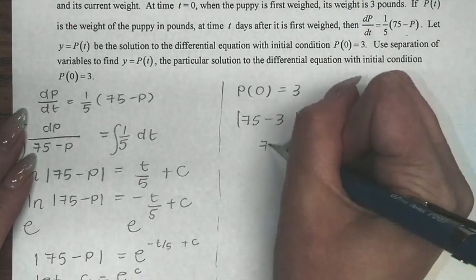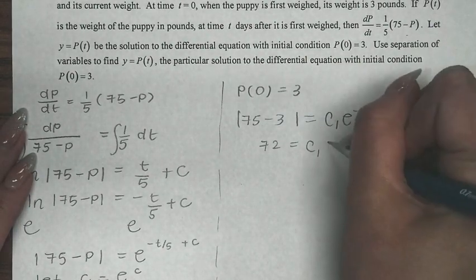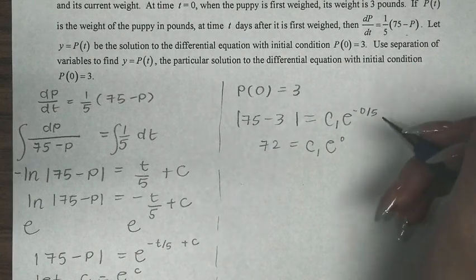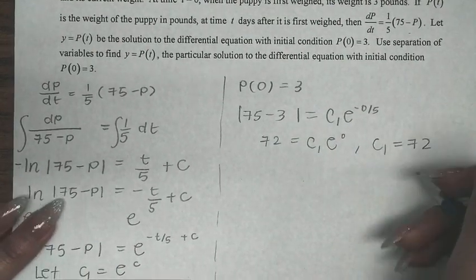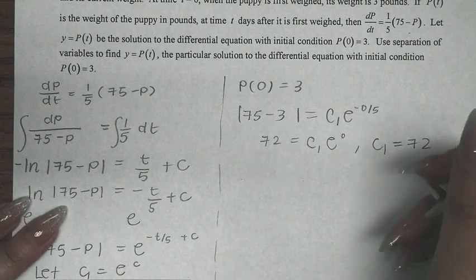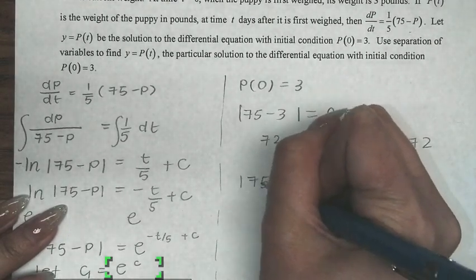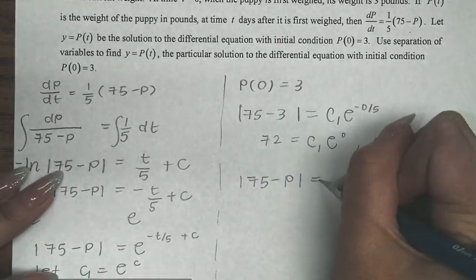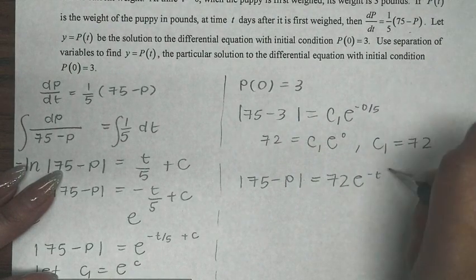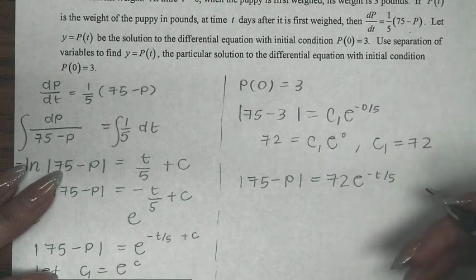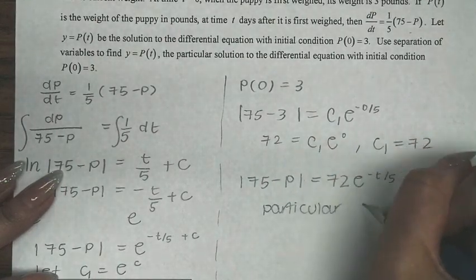So you have 72 is equal to C1 e to the 0, which you know is 1, therefore C1 is equal to 72. So here your particular solution is going to look very beautiful: the absolute value of 75 minus P is equal to 72 e to the negative t over 5. So that's going to be your particular solution.